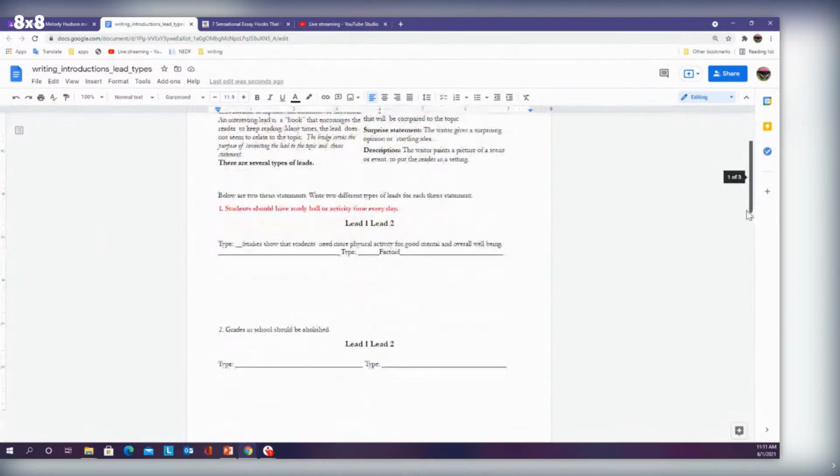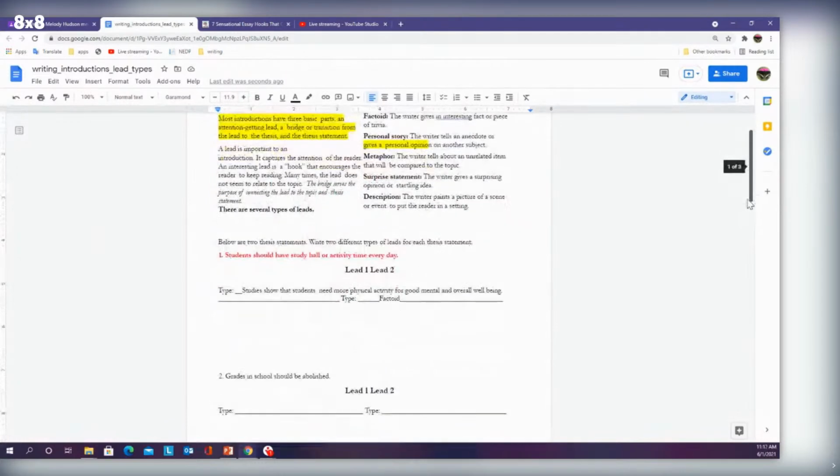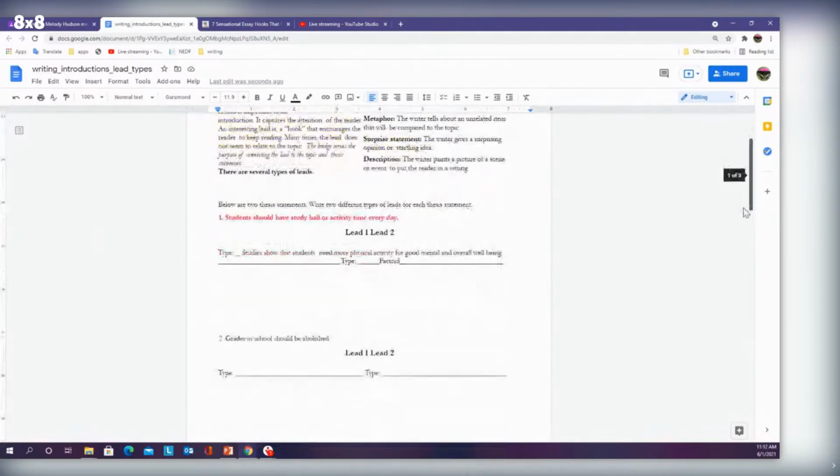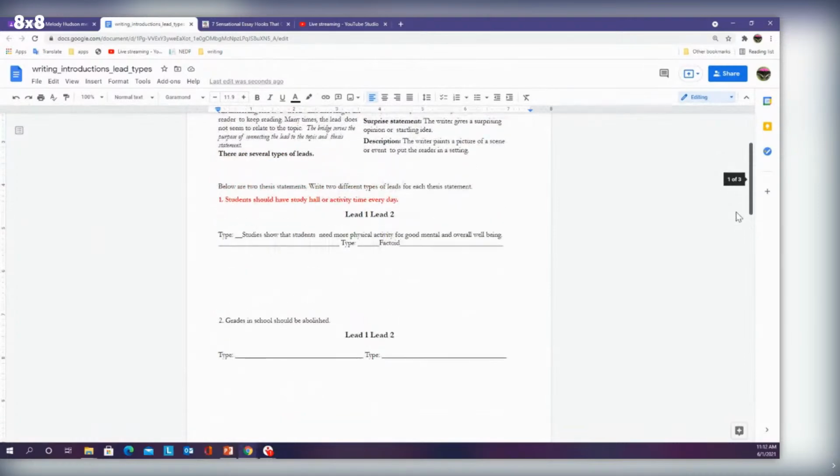Okay, and then next, grades in school should be abolished. So we could say numbers, grades don't really show progress, the current level the student is on. They don't really show.